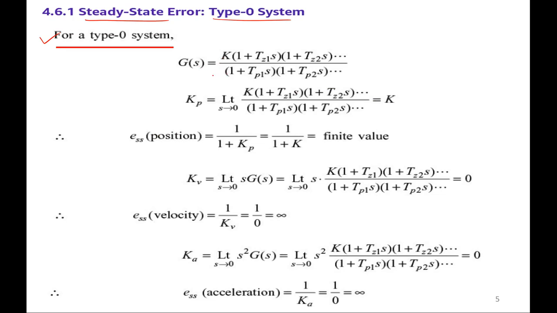I hope you understood, right? So hence this is type 0 system because n is 0. In the denominator term 1 will be coming, so I will not write this. So this is the open loop transfer function in standard time constant form.